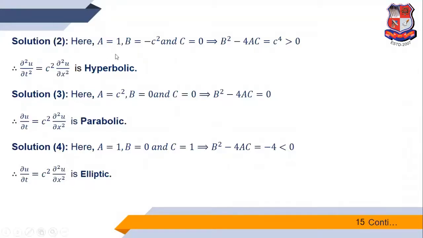So minus and minus c square, therefore plus 4c square, and this is positive. So 4c square is greater than 0, then the given PDE is hyperbolic.